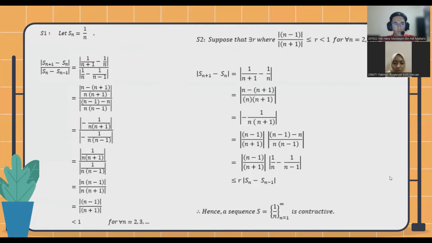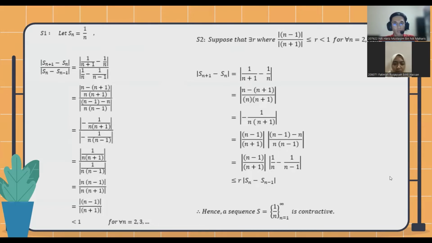This is equal to modulus negative 1 over n multiplied with n plus 1, over modulus negative 1 over n multiplied with n minus 1. Since it is modulus, this is equal to positive: modulus 1 over n multiplied with n plus 1, over modulus 1 over n multiplied with n minus 1.